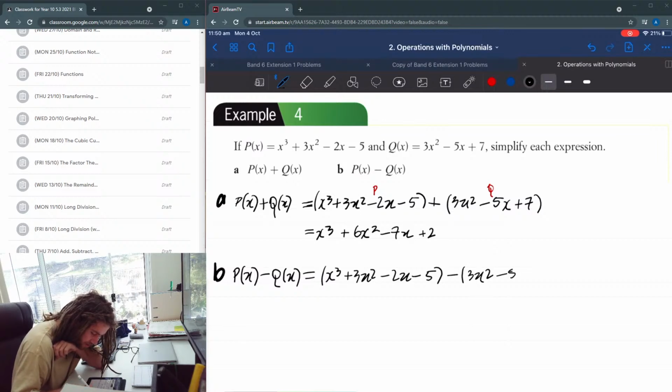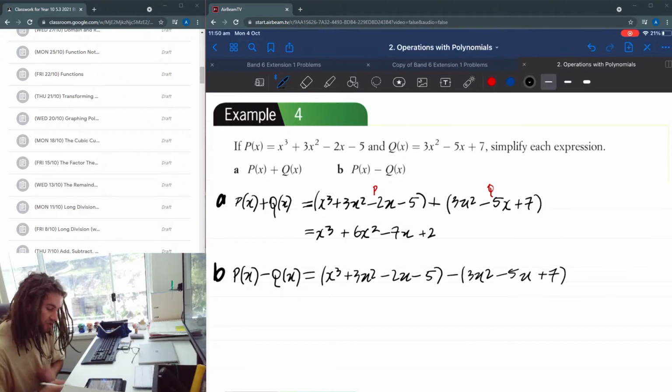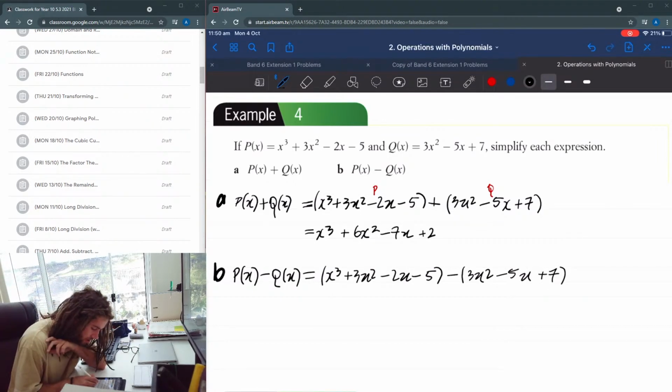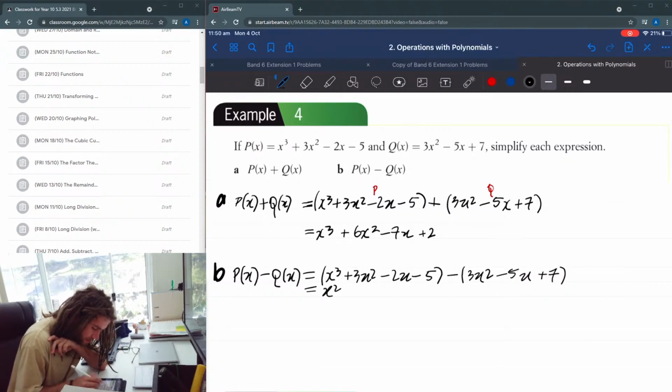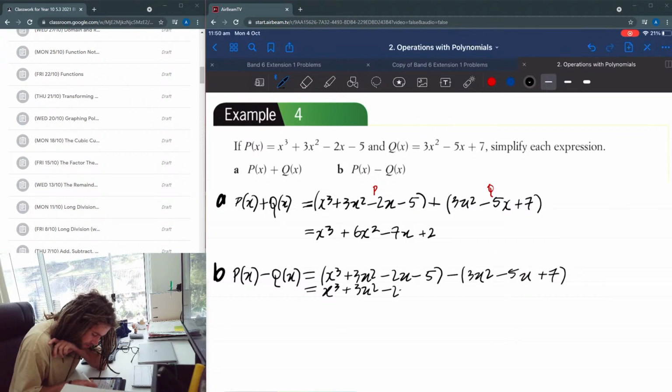So generally what I try and do is just get rid of the brackets first. You might think, why did I even use brackets in the first place? Well, just because of the negative situation. So x cubed plus 3x minus 2x minus 5. Okay, so then minus 3x squared plus 5x. So we've got a minus and minus, plus, and then minus 7.